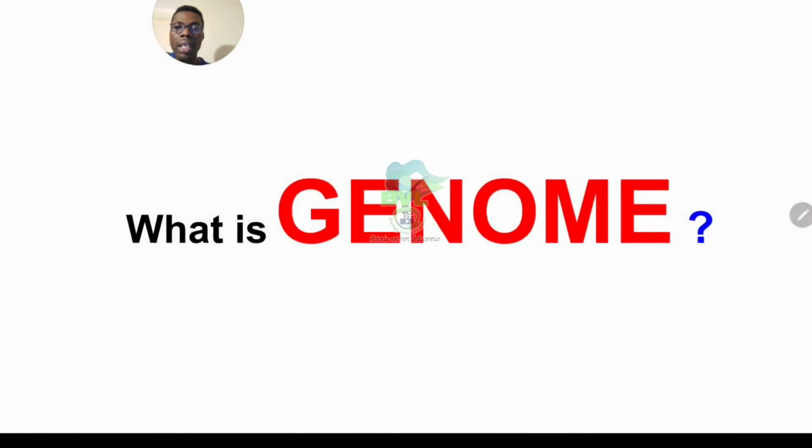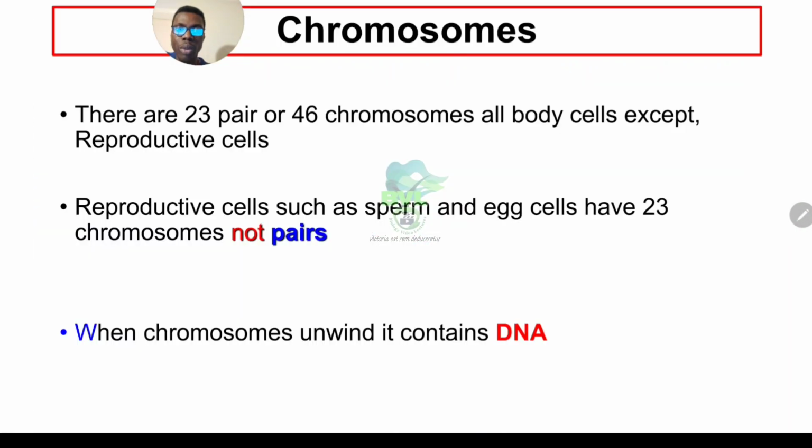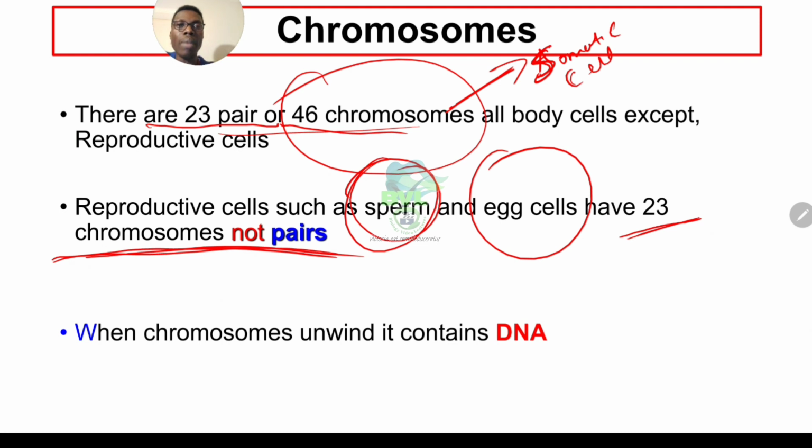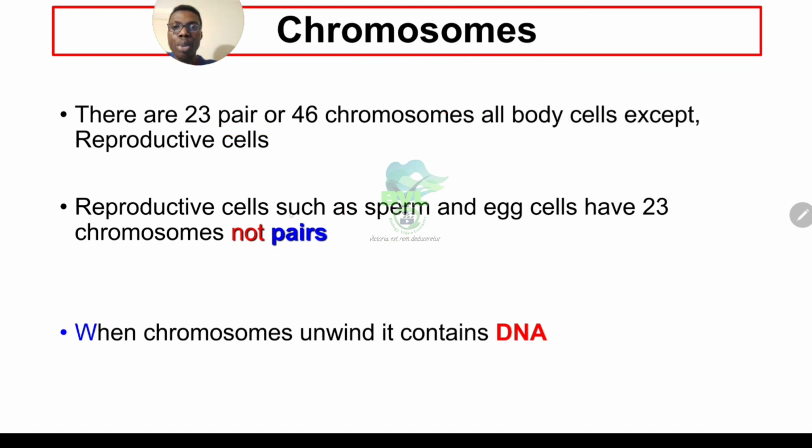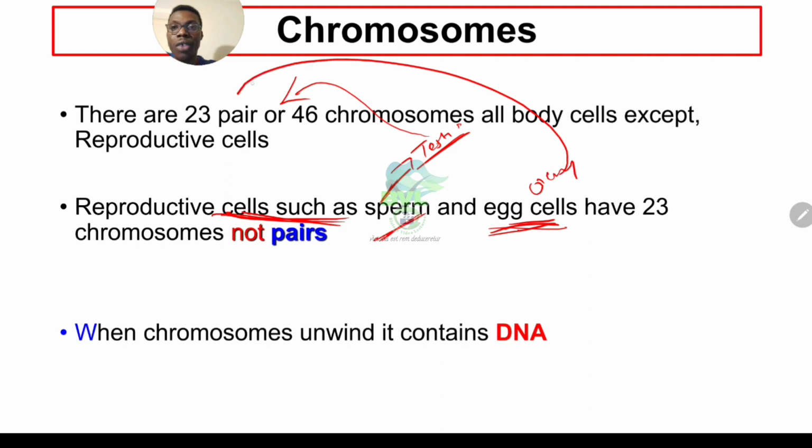Now, before we do that, let me say something here which was not added here. Please bear in mind that when we say reproductive cells, not reproductive organ, what does that even mean? It means that even the testes that make sperm cells still have 46 chromosomes. Even the ovary that makes egg cells still has 46 chromosomes, 23 pairs. So it is only the egg cell, the cell itself, please.